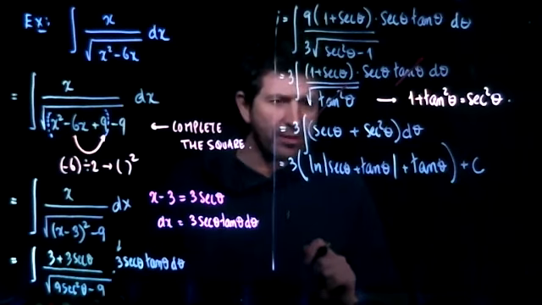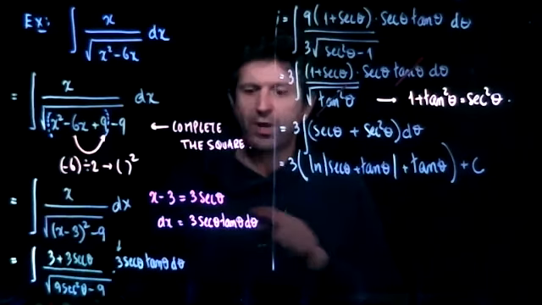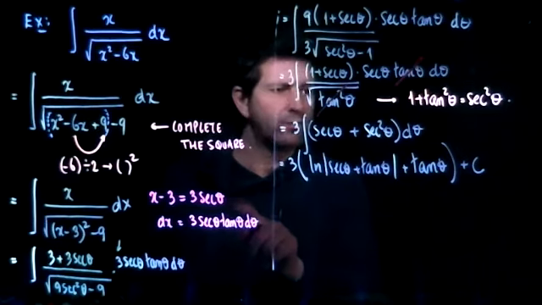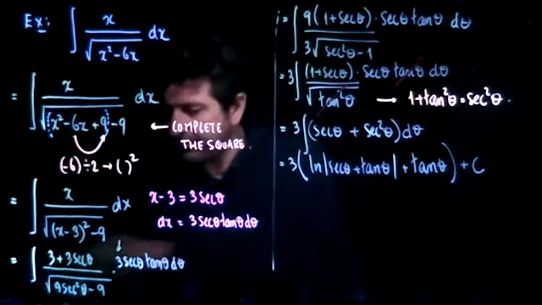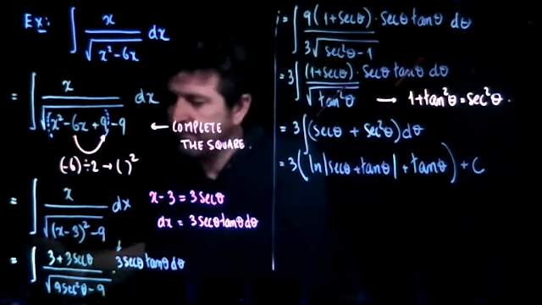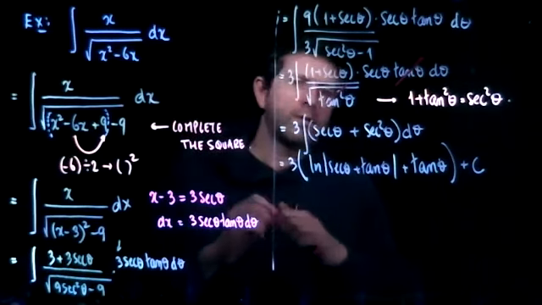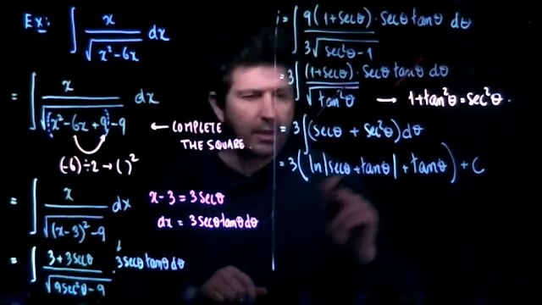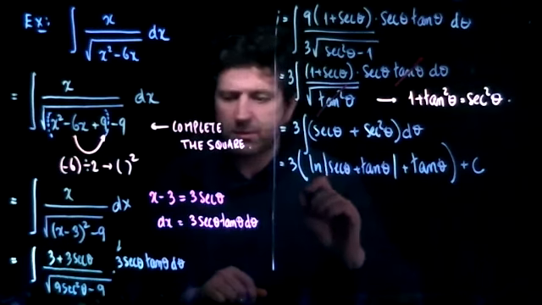Okay, so just one thing left is to re-express everything in terms of x. So I have to go back to my substitution. Let me just finish it and then I'm going to take questions.